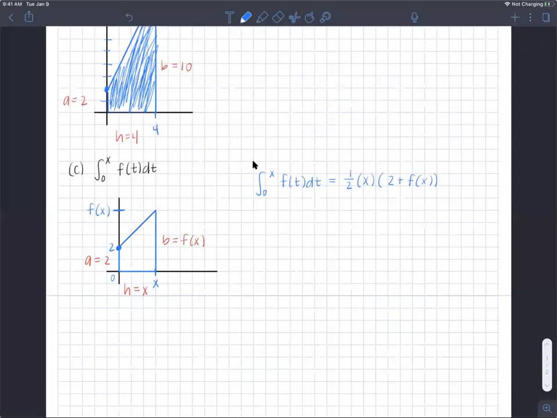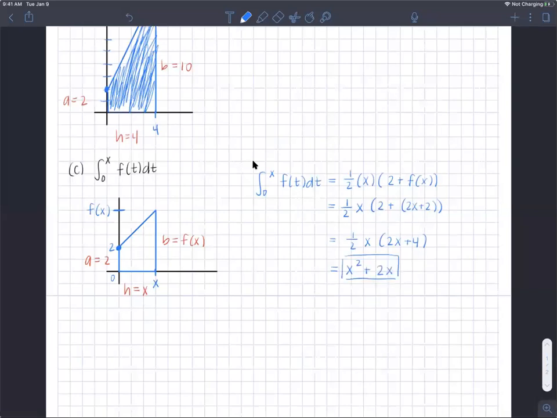Here, I actually know what f of x is equal to. It's equal to 2x plus 2. So I can simplify this a little bit, and you can have 1/2 x times 2x plus 4. And so when you finish simplifying this, you should get x squared plus 2x.